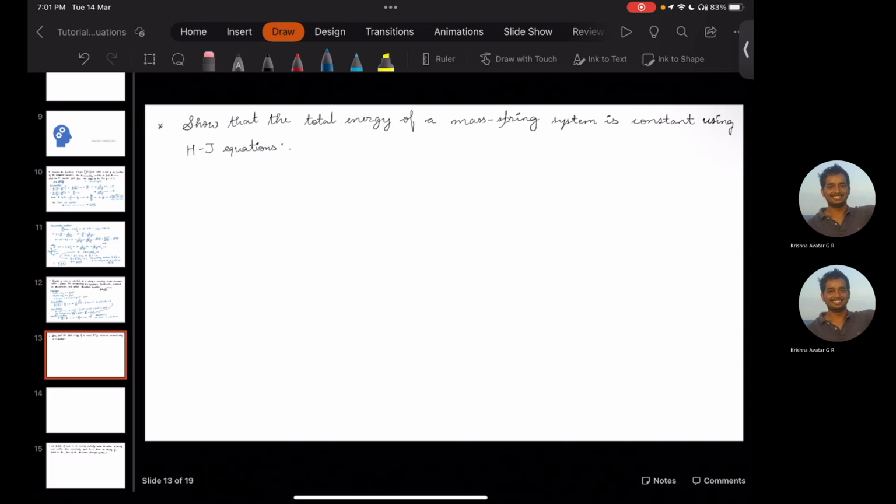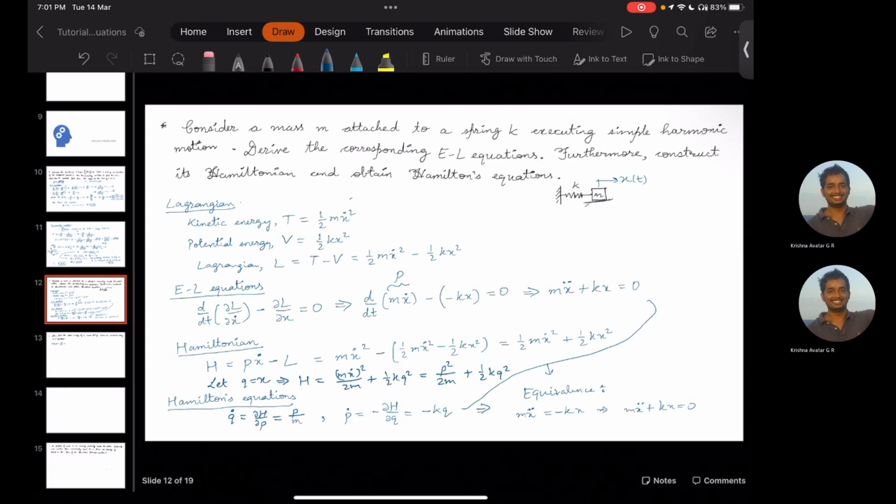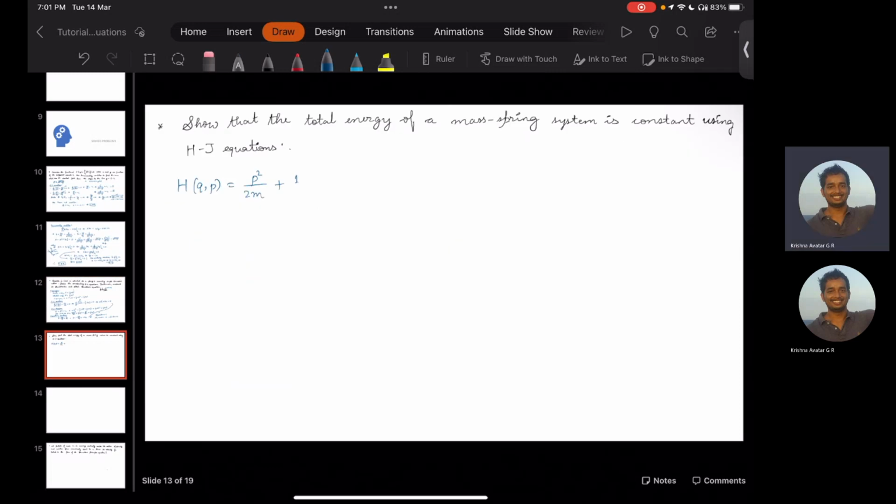So what we have seen so far, in the previous question, is that we were able to obtain the Hamiltonian of the system as a function of q and p, and this was p squared by 2m plus half k q squared.